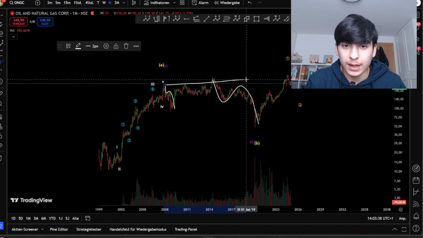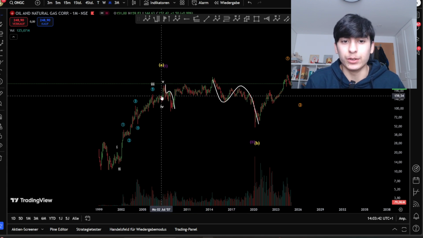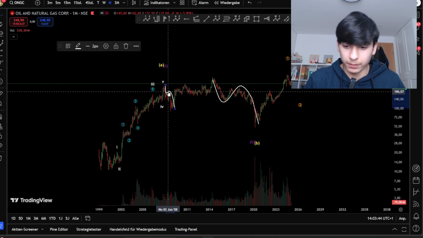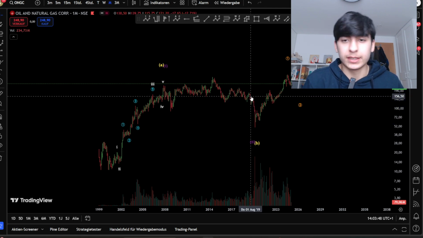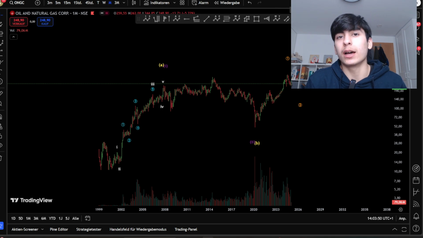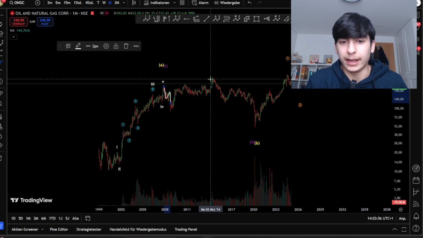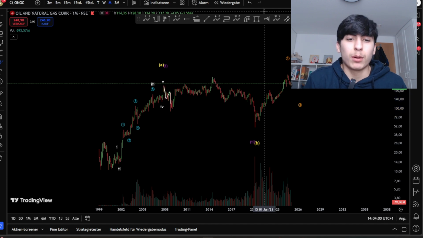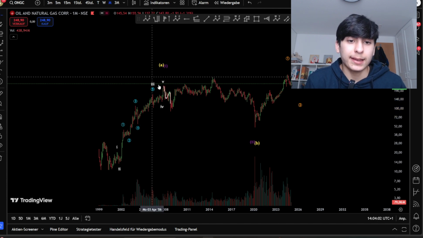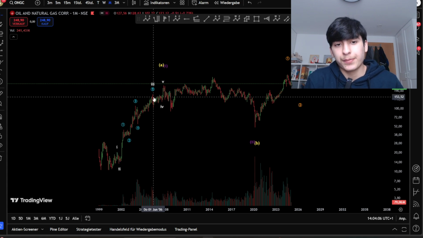But we took out this high, so the only option for this being a corrective structure is a WXY double combo. And in a WXY double combo, waves W and Y preferably are not the same structure. But this as a 3-wave move can only be an ABC as a wave W, as well as this. So that's a bit of a problem, but we take what we have, and this is the only thing we have, so we take it.